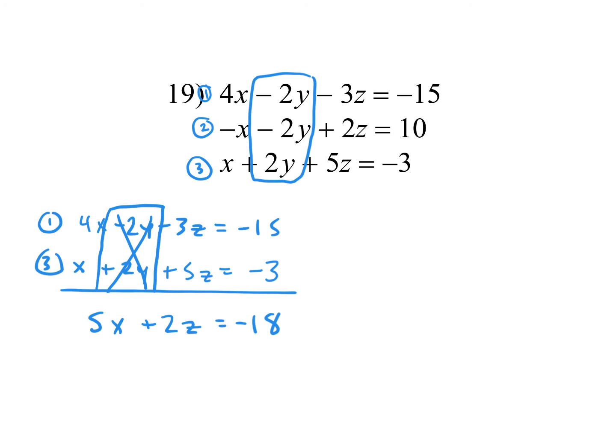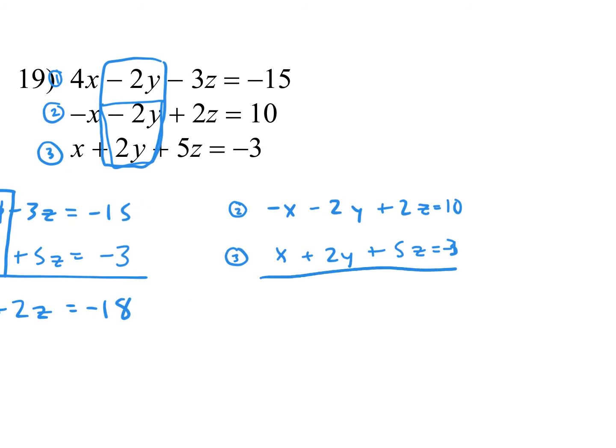Now I have to do the same thing again. So I'm going to pick two more. Which two equations should I pick now? 2 and 3. Perfect, because I see that the y's are going to cancel out again here because I have a positive and a negative. So I have negative x minus 2y plus 2z is equal to 10. And x plus 2y plus 5z is equal to negative 3.